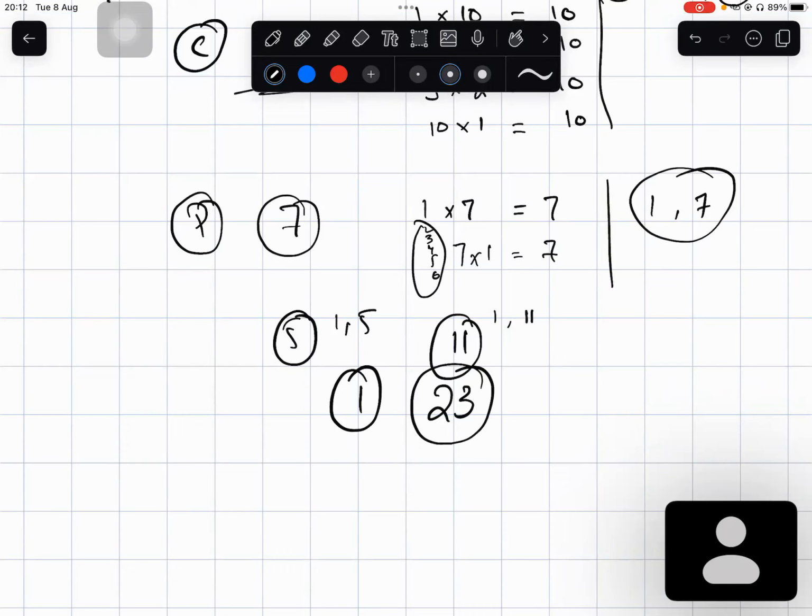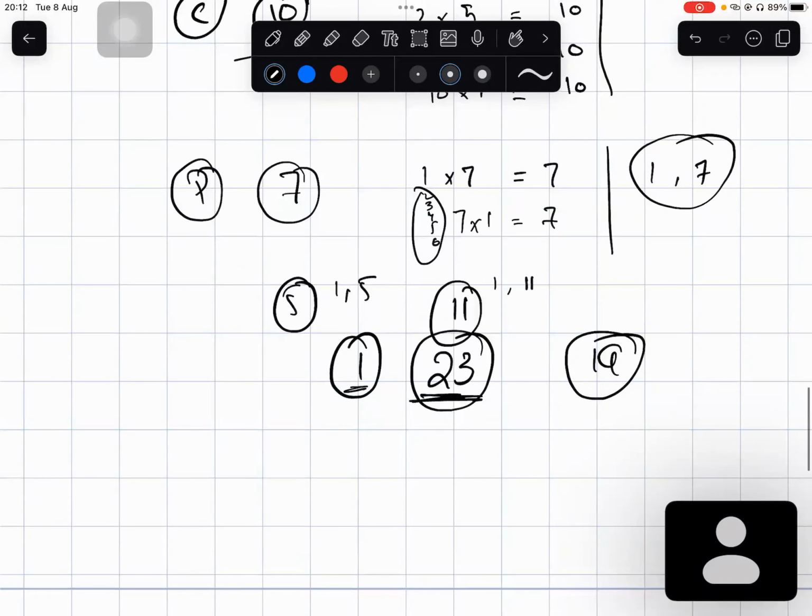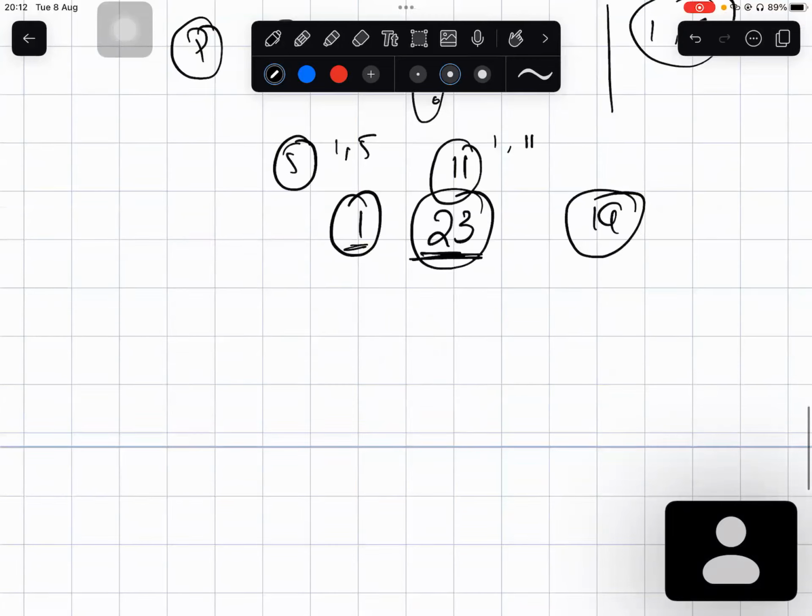So 23 is also a prime number, and it can only be divided by 2 numbers, which are 1 and 23. I think 71 is not a prime number. Another prime number is 19. 19 is also a prime number. So yeah, is that clear? Yeah, it's very clear. Okay, perfect.